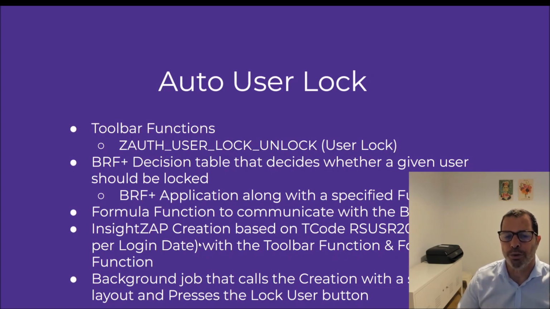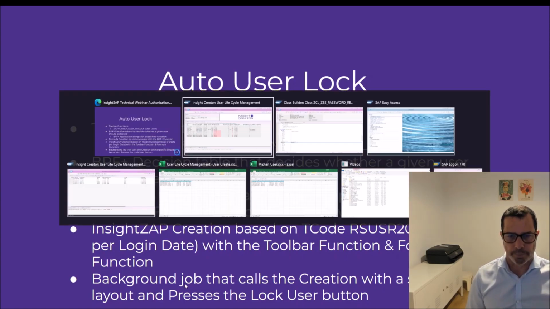As usual, I created an Insight Zap based on the list of users report, with that toolbar function, the lock, and the formula function, which suggests whether a user should be locked or not. And to finalize this process, I came up with a background job that calls the creation with a specific display layout and locks all these users that should be locked.